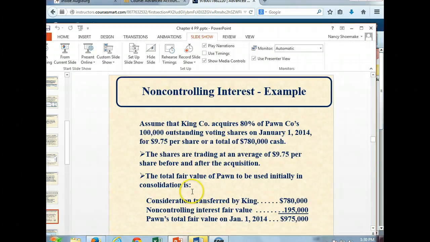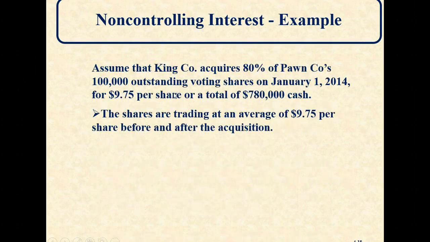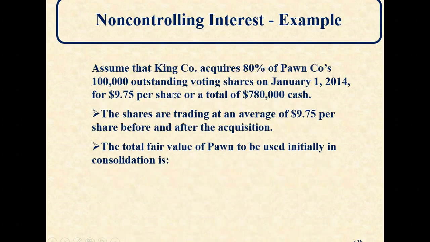Okay, so as we go back here, we're going to look at King and Pawn. King acquires 80% of Pawn's 100,000 outstanding voting shares on January 1st for $9.75 a share.